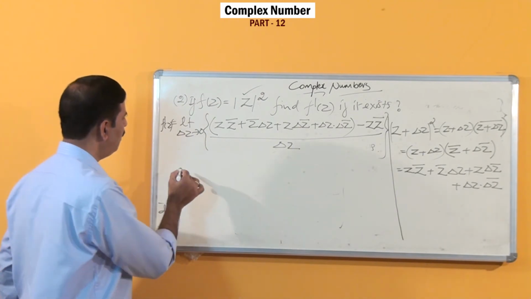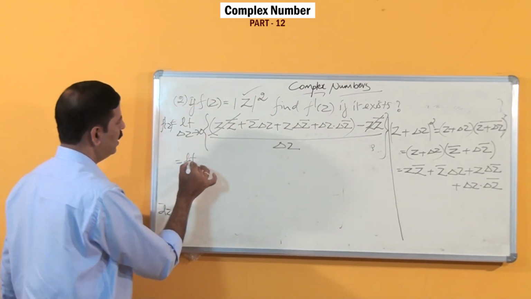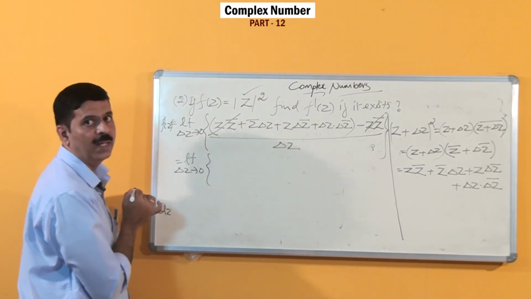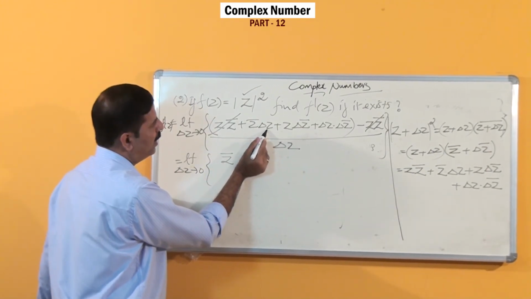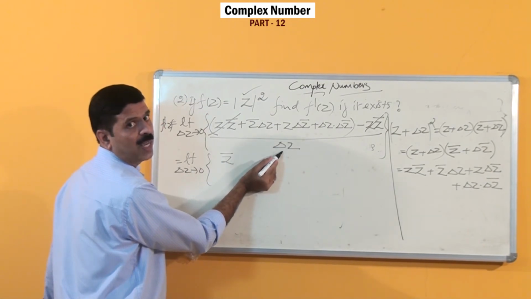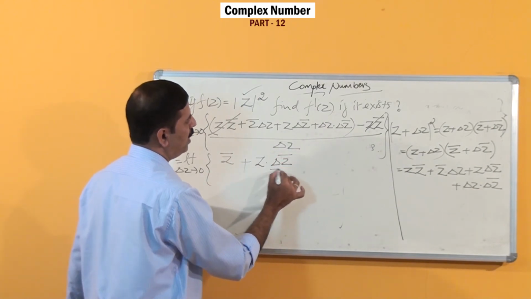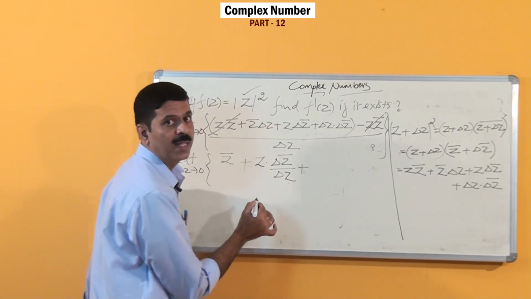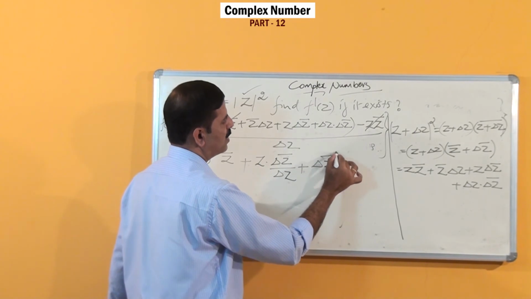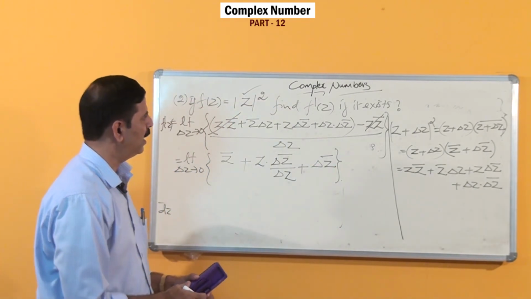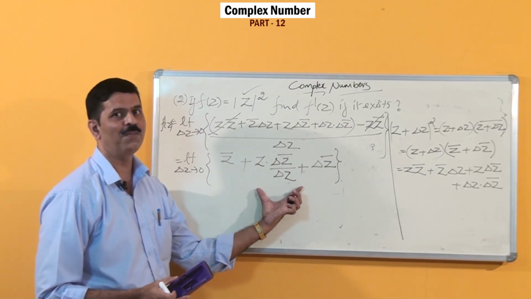Simplification: this and this get cancelled. Remaining: the limit as delta z tends to 0 of z bar, since delta z by delta z cancels, plus z into delta z bar divided by delta z, plus delta z bar, where delta z by delta z cancels. Therefore, ultimately, finding the derivative is equivalent to finding the limit of this.